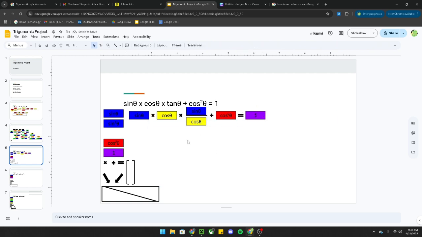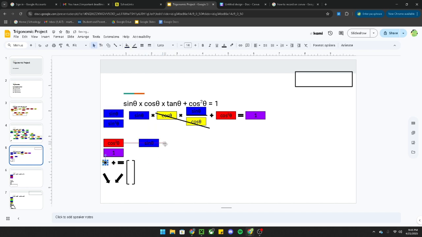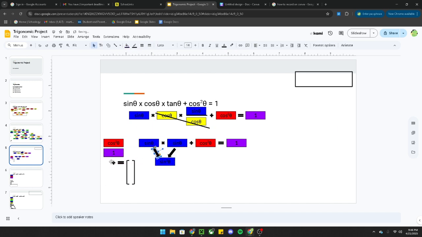Now, since these two multiply, you're gonna cross those out. So then you have sine times sine plus cosine equals 1. These two multiply to give you sine squared, which drops down like this, plus cosine equals 1.